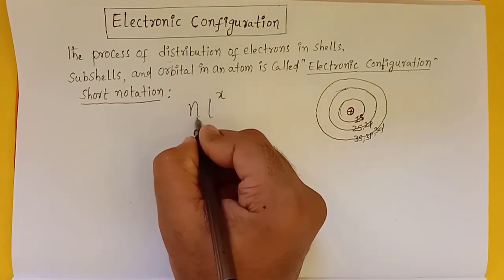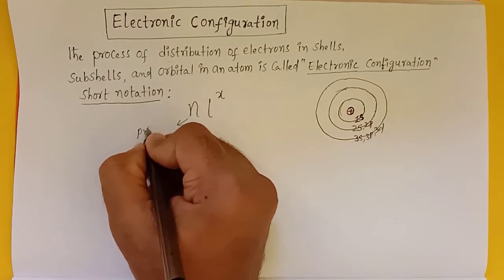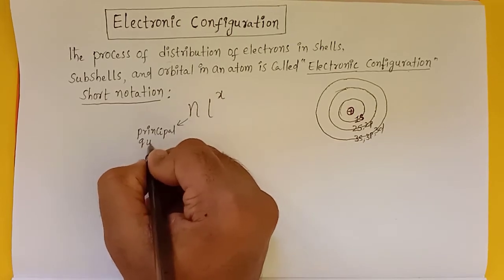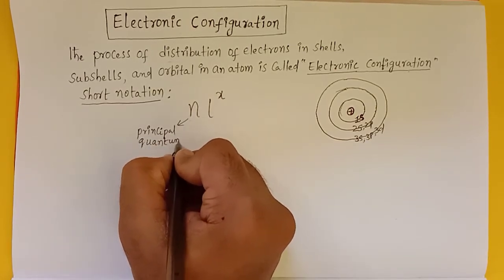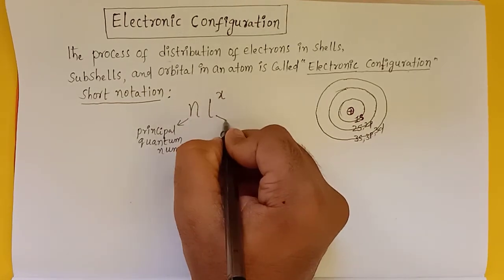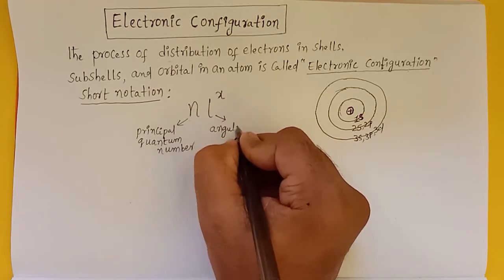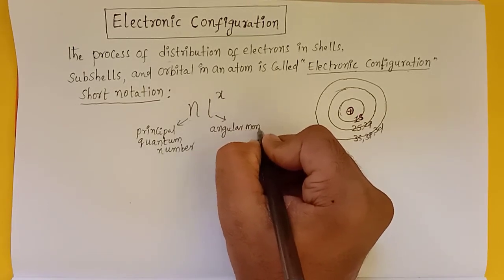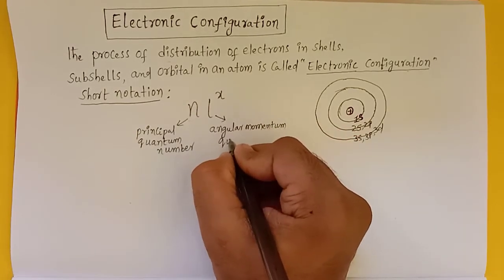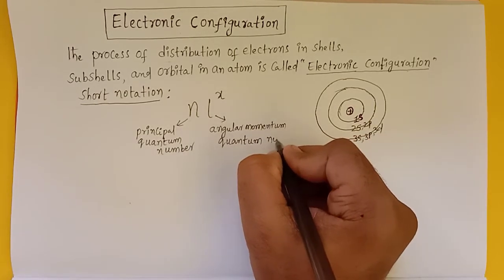Here n is the principal quantum number. l indicates the angular momentum quantum number.